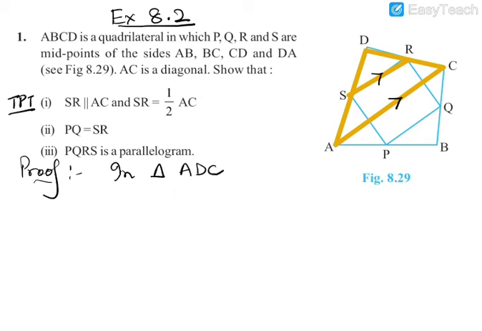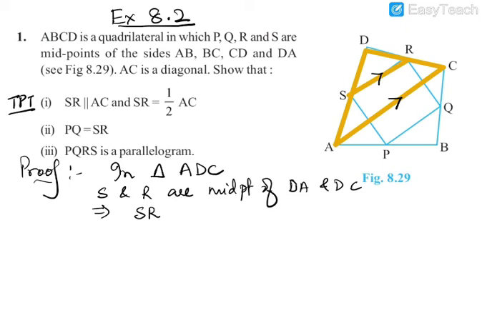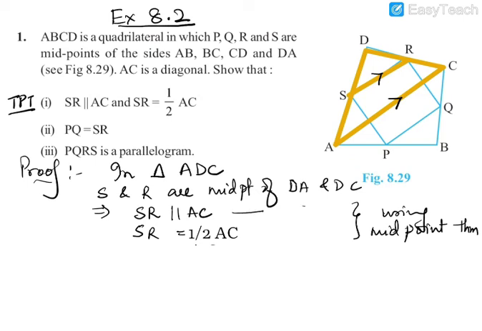So in triangle ADC, S and R are midpoints of DA and DC. So this implies SR is parallel to AC and SR is equal to half of AC. Let's mark this as 1 and this as 2.